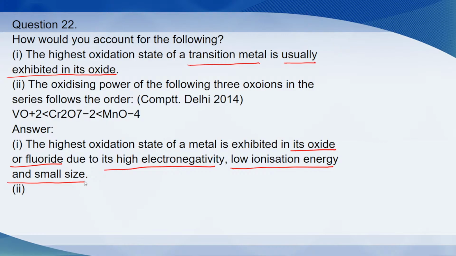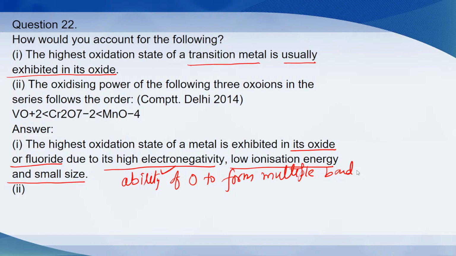Because of their high electronegativity, and the power of oxygen is superior to fluorine because of its ability to form multiple bonds. Because of the ability of oxygen to form multiple bonds, its ability to oxidize the transition metal to a higher oxidation state is more.